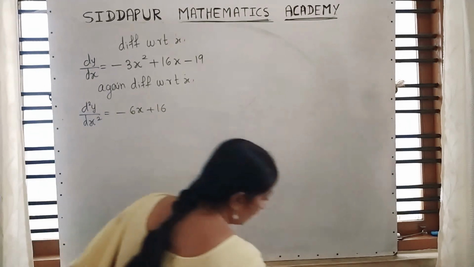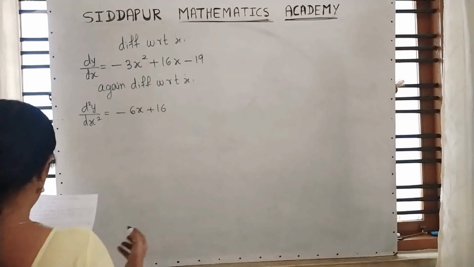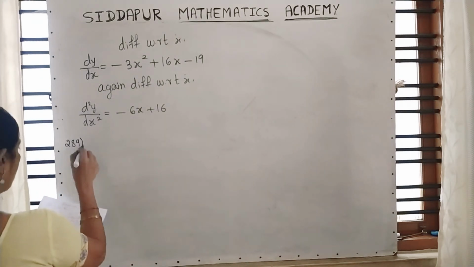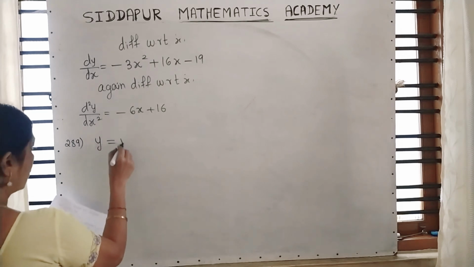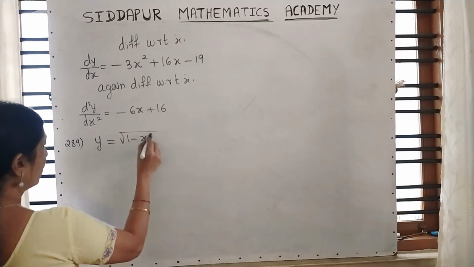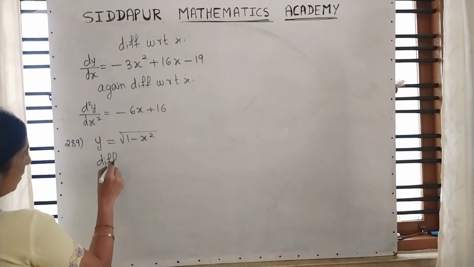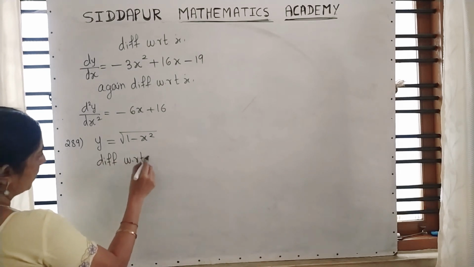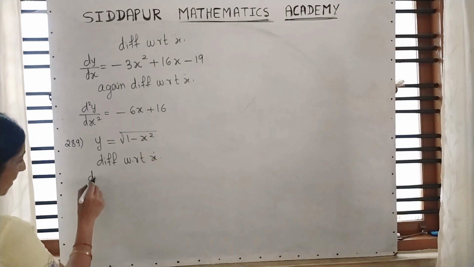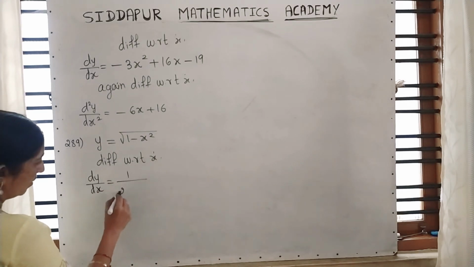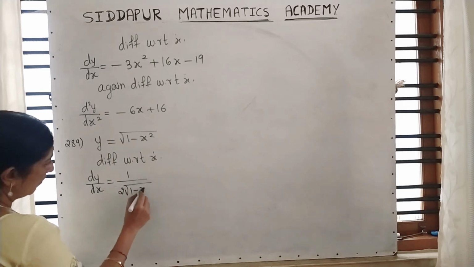Moving to the next example, that is 289. Y is equal to root of 1 minus x square. Normal differentiation you are familiar. Differentiating with respect to x, dy upon dx is 1 upon 2 root 1 minus x square.